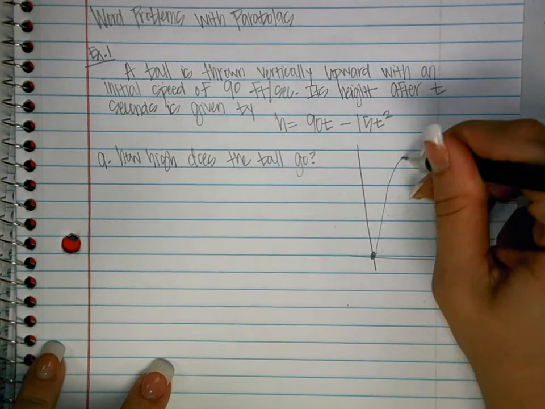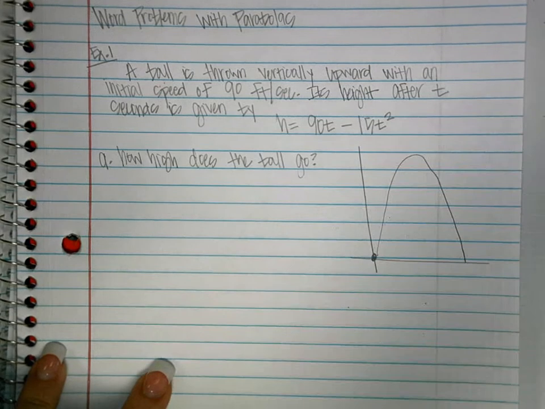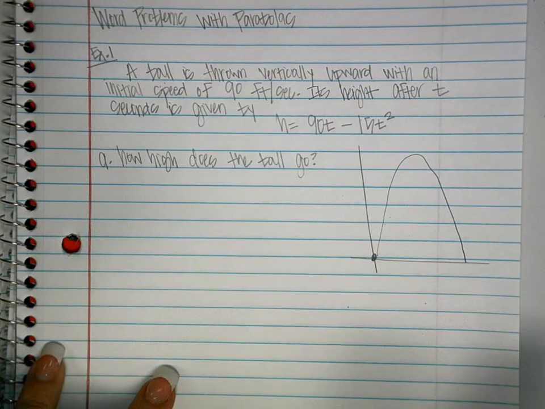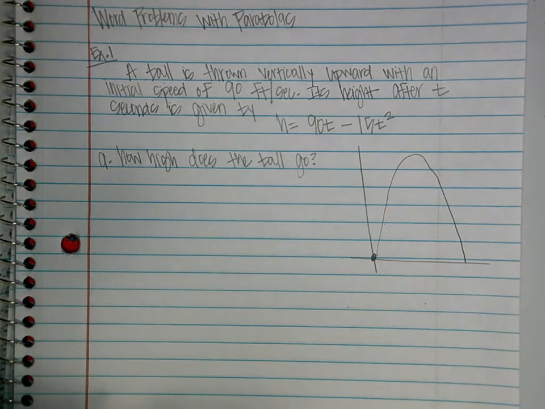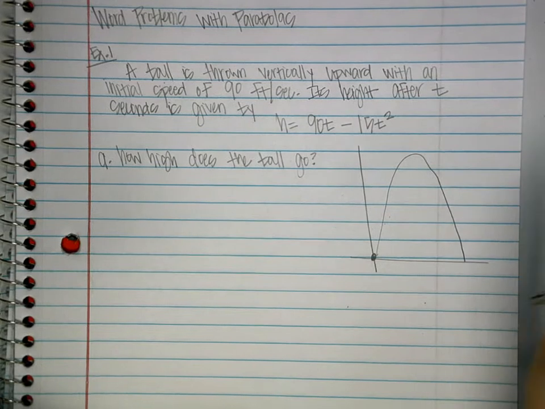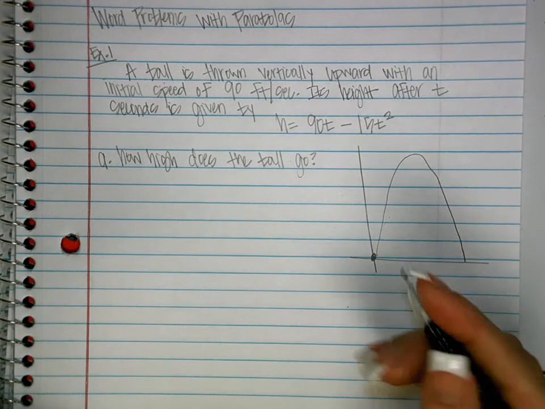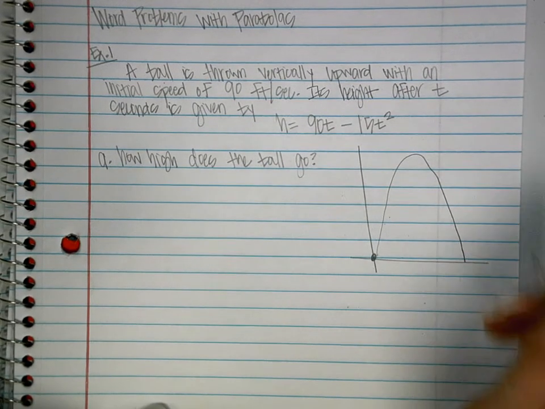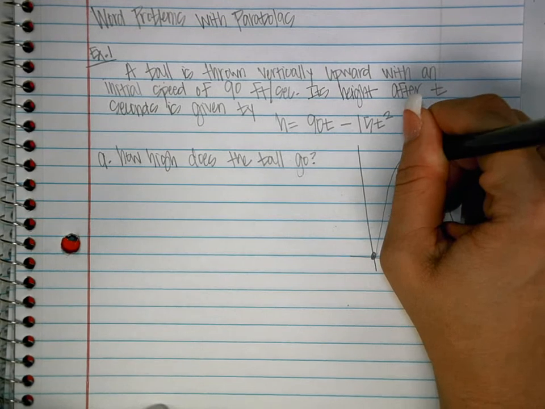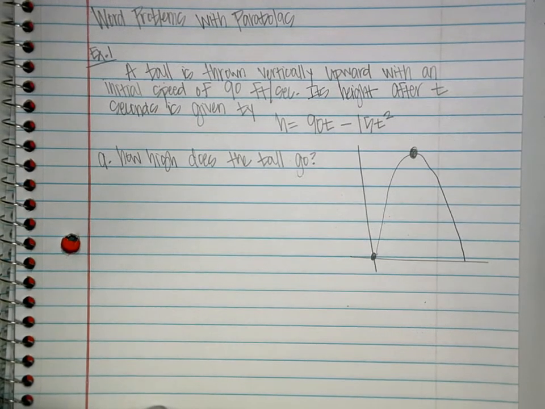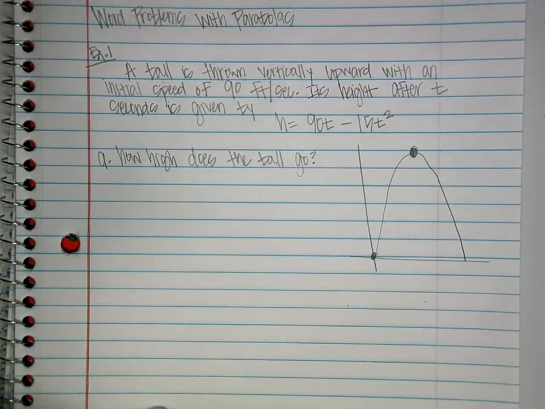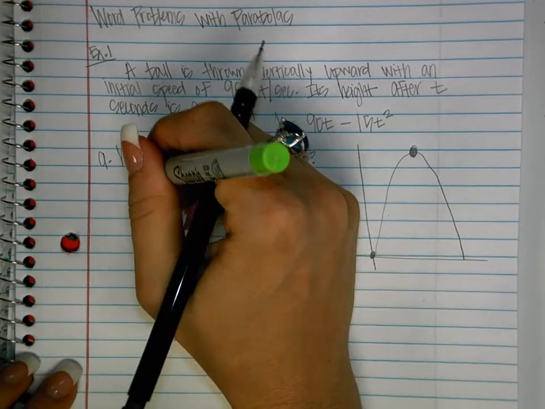It goes up and comes back down. Even if you think you're throwing something exactly straight up in the air, it makes a parabola shape. So how high does the ball go? What am I asking for? The maximum.